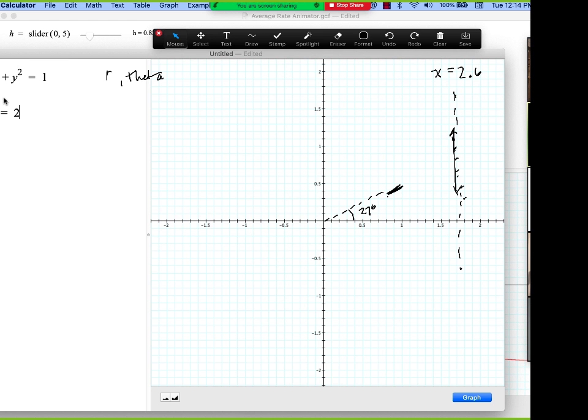Times pi over 180. What are we going to see for that? So what's that going to do? It should make a straight line from the origin. It's going to plot every point associated with this angle measure.